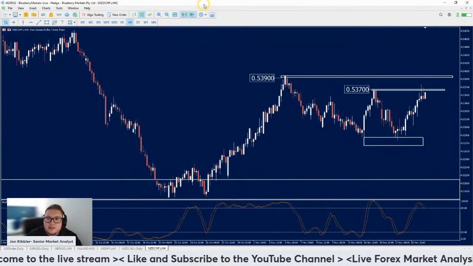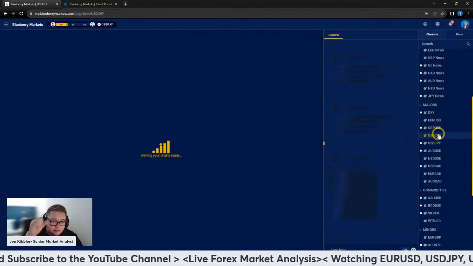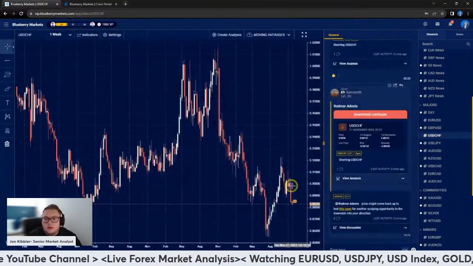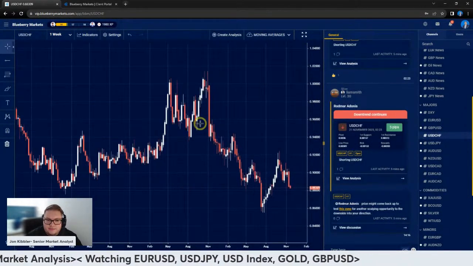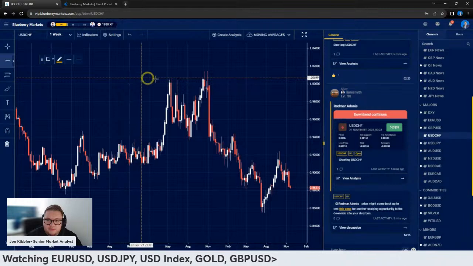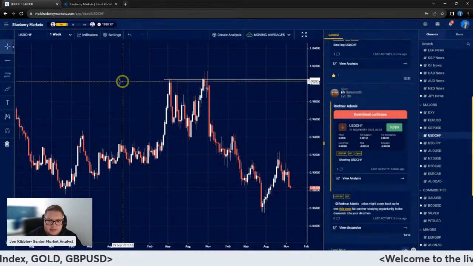I should probably do this on the Fancy Do platform, eh? Let's have a little look at dollar Swiss. Don't think I've been on dollar Swiss for a very long time. It might be confusing switching back to platforms, but let me just make my settings the same.